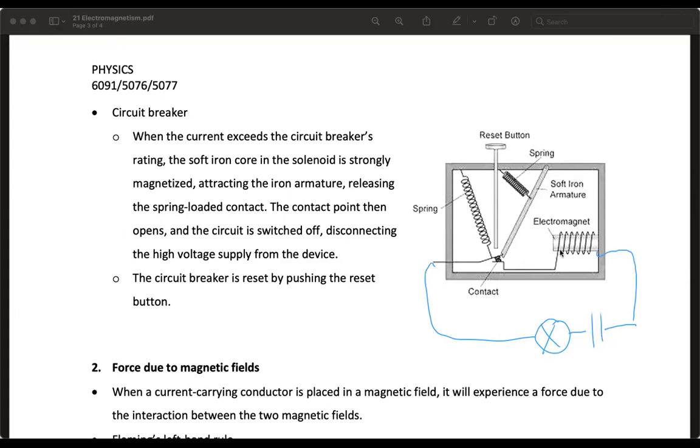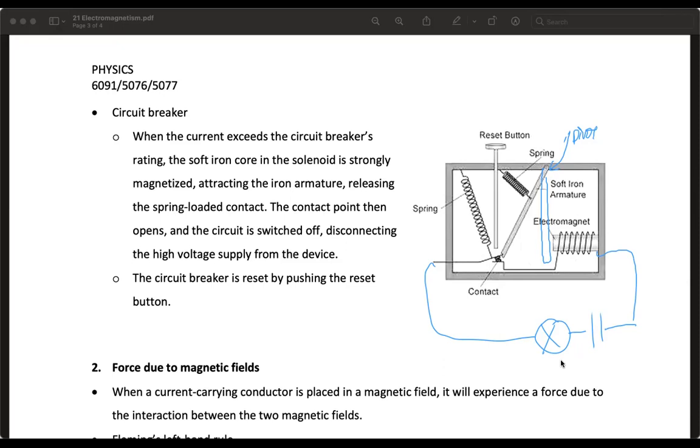This soft iron armature, down here there's a pivot. It will be attracted to the electromagnet against the spring. So what happens? There is a gap here. Your circuit will be open. So your bulb will not light up.